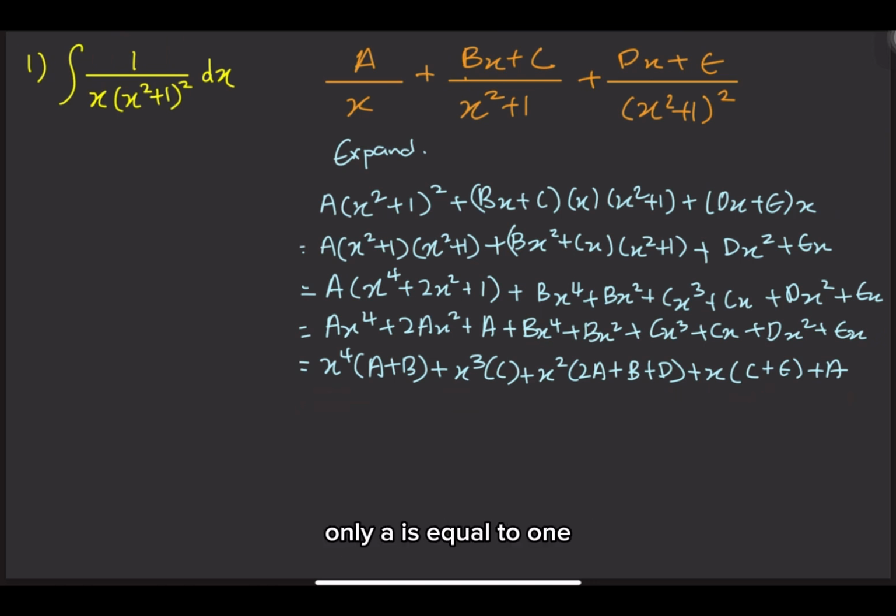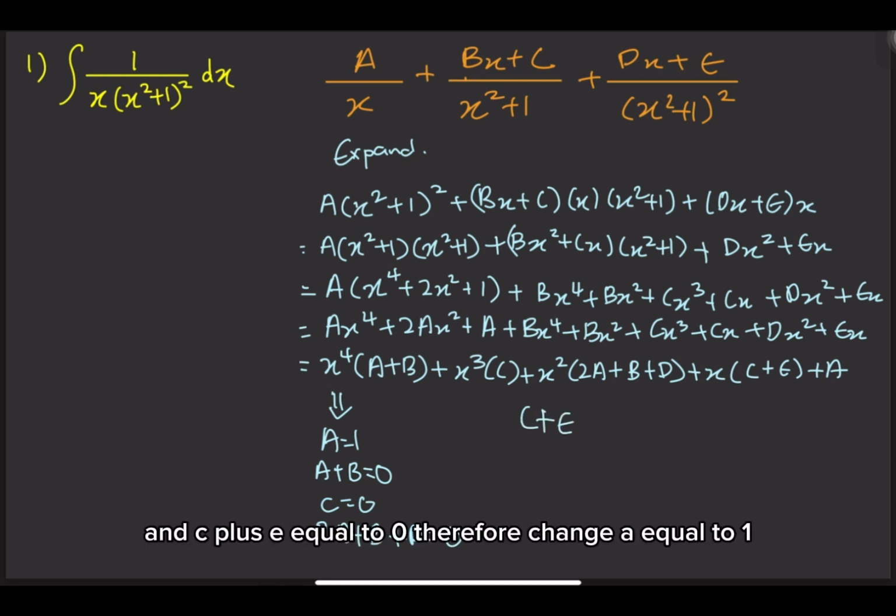Only A is equal to 1. And then A plus B equal to 0. C equal to 0. 2A plus B plus D equal to 0. And C plus E equal to 0.